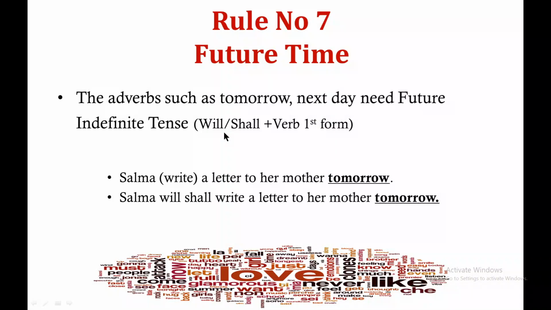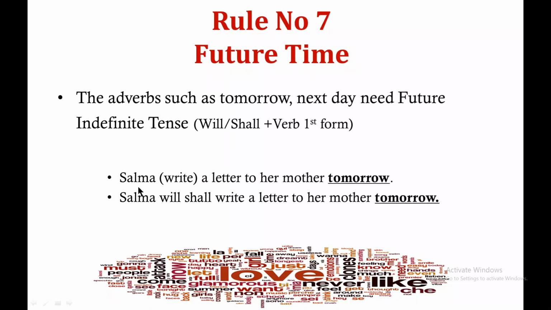These are the two helping verbs used in future indefinite tense, and always use the first form of the verb. So if you see these two words, tomorrow or next day, you have to go to future indefinite tense, and this is the introduction of future indefinite tense.